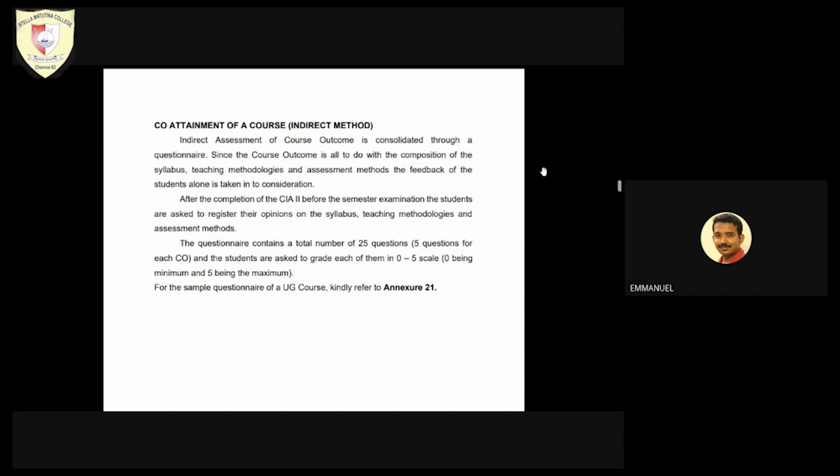Yes. For the indirect method: the previous slide was the direct method, by having CIA examinations, continuous internal assessment, and component 3 like seminars, viva voce, mini projects or assignments, and the end semester examination. That is the direct method.